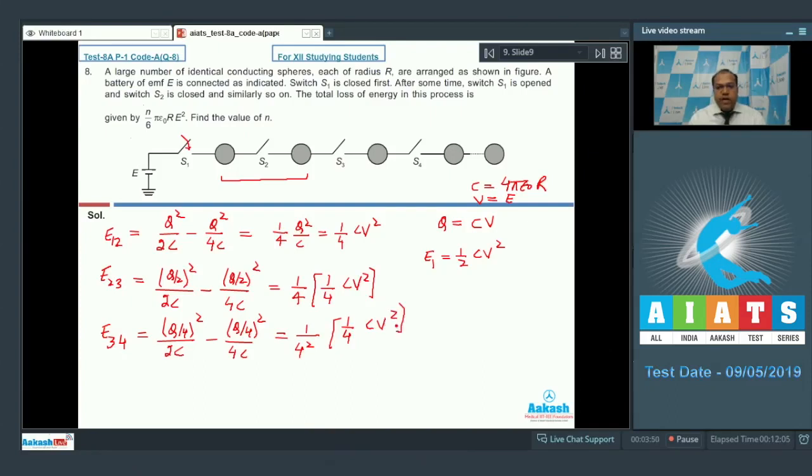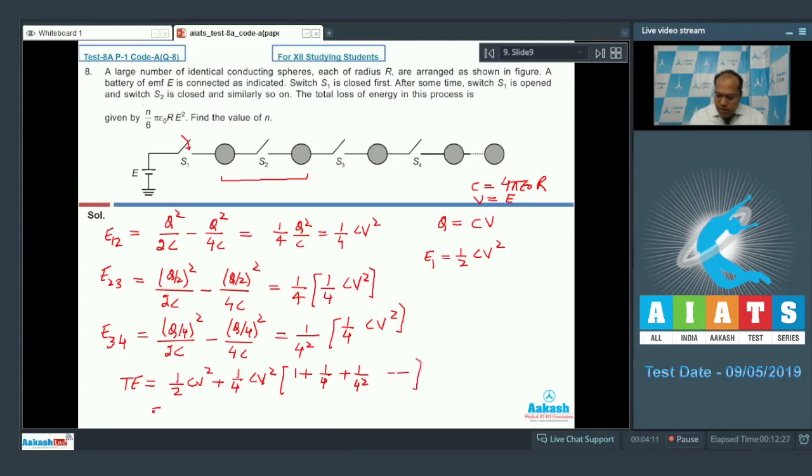Now if I calculate the total energy loss in this process, it can be written as half C V square plus 1 by 4 C V square into (1 plus 1 by 4 plus 1 by 4 square, and so on).